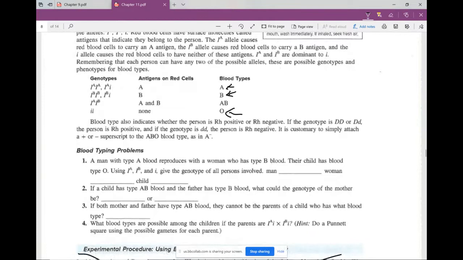A man with type A blood reproduces with a woman who has type B blood. Their child has blood type O. Why? We'll do a Punnett square. A child with blood type O actually means he's missing both alleles on both chromosomes.